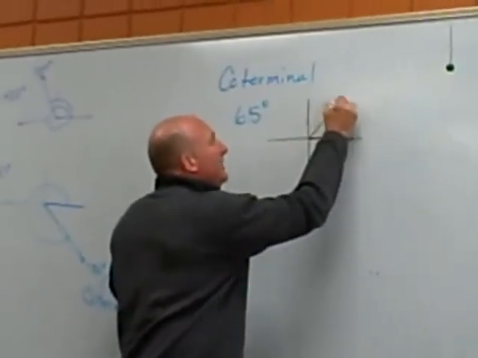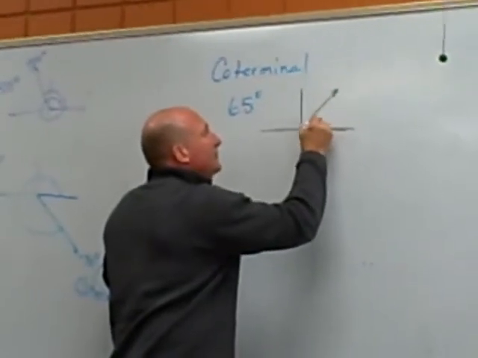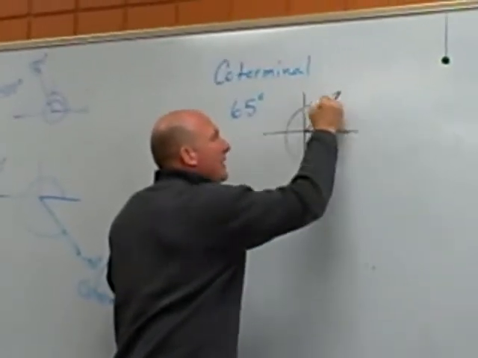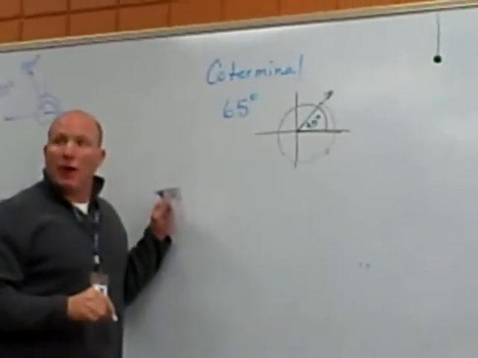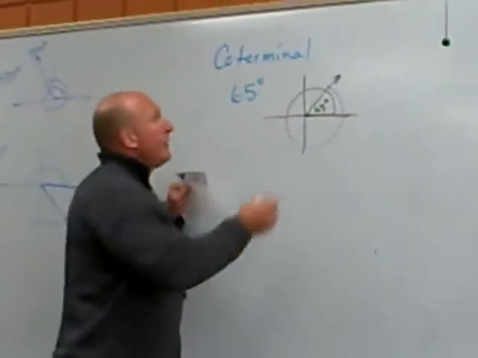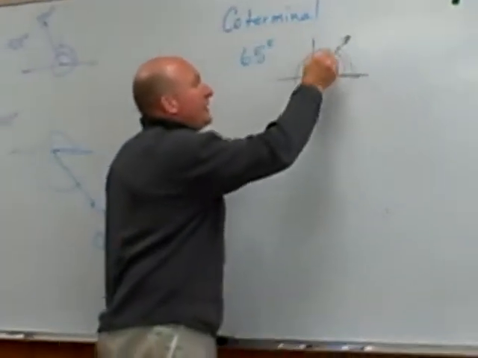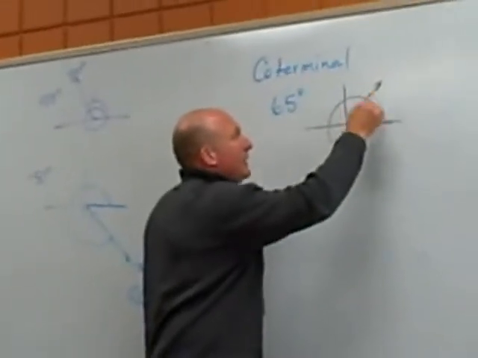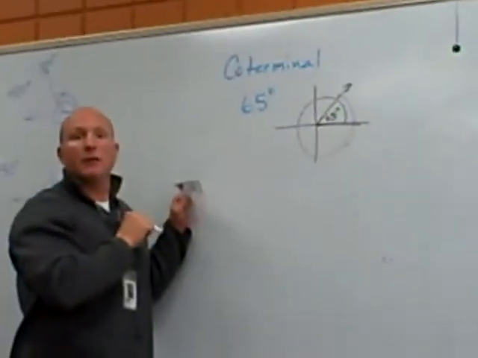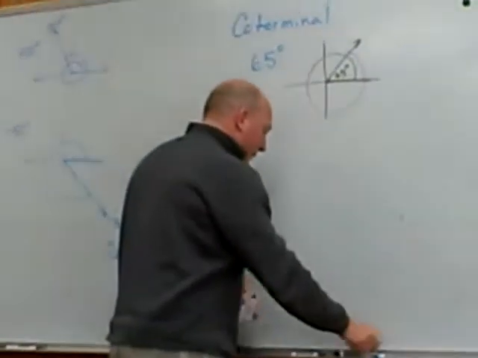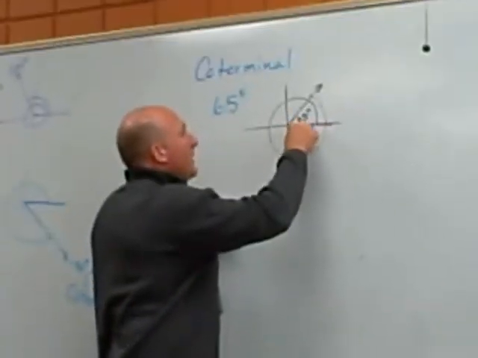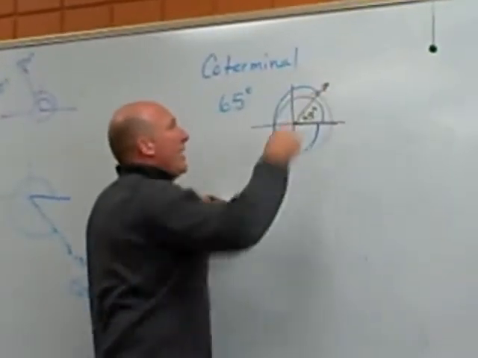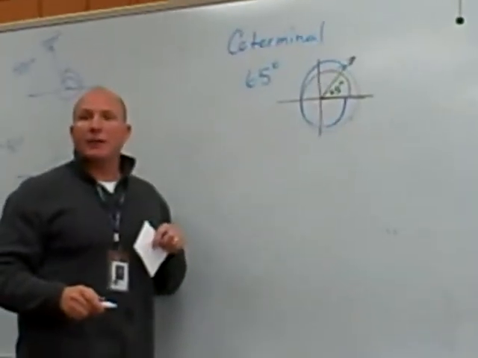Here is a 65-degree angle right there. What if I went, same thing, correct? What did I do? I went 360 degrees plus 65 more. If I went the other way, I didn't quite go 360 degrees.